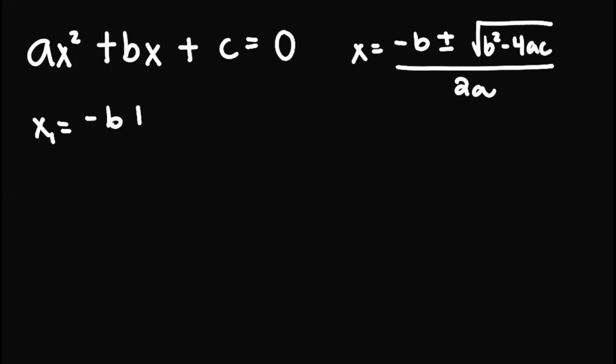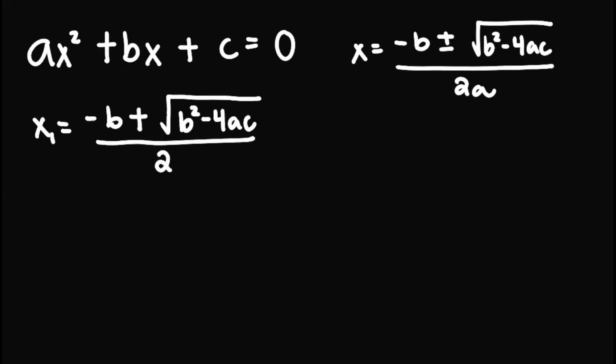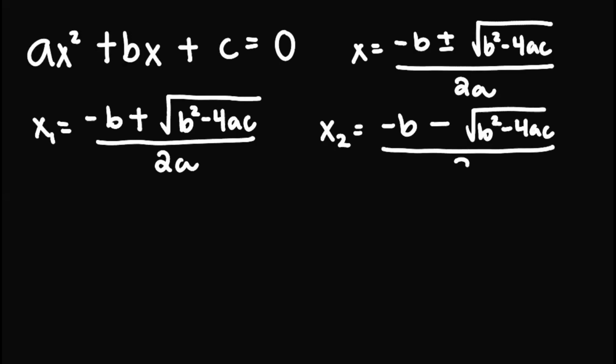b, and since we have here a plus minus, that means one of the roots will be the plus and the other will be the minus. So in this case, we have plus square root of b squared minus 4ac over 2a, and the second root will be negative b minus this time square root of b squared minus 4ac over 2a.